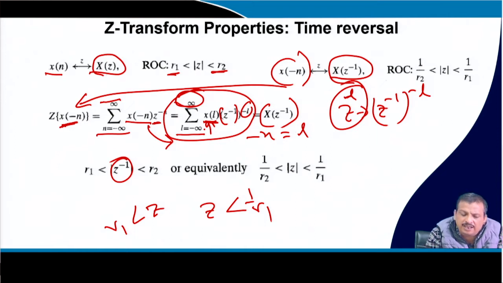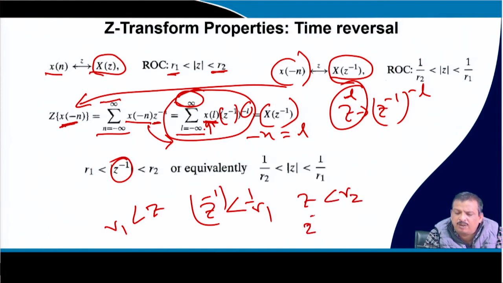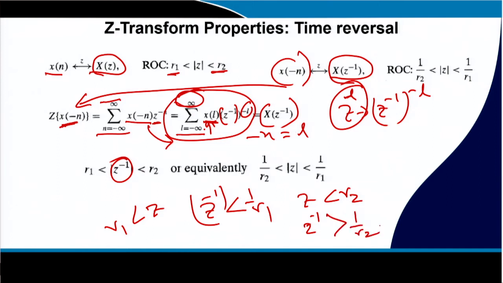Understand? If Z is replaced by Z to the power minus 1, now when Z is less than R2, it will be greater than 1 by R2. So, I can say the region of convergence of this transform is 1 by R2 less than Z less than 1 by R1. Okay?